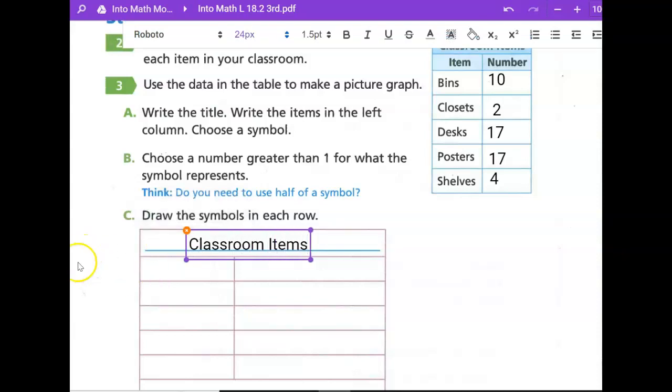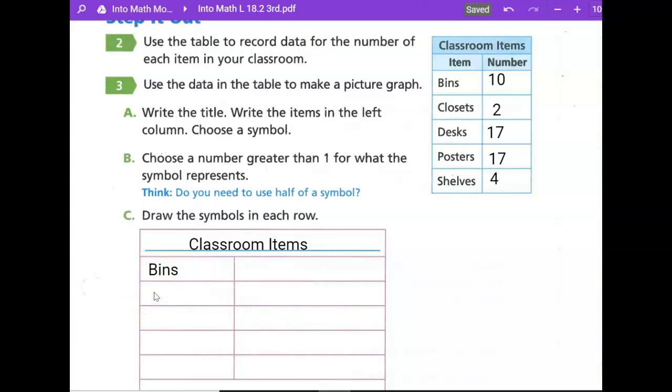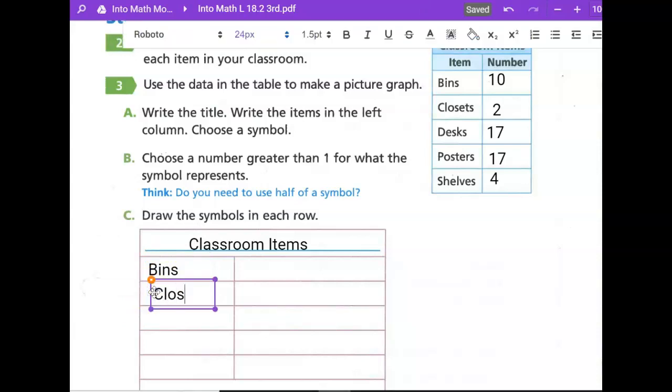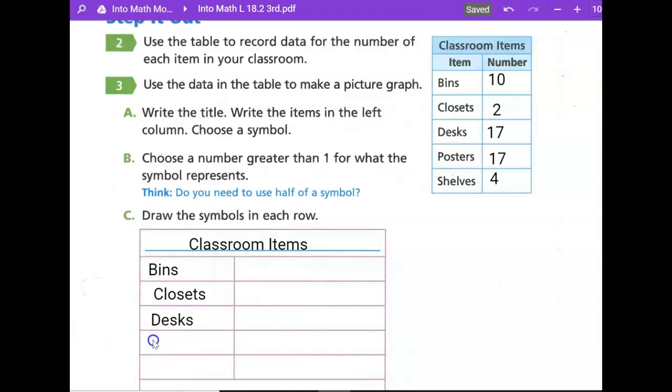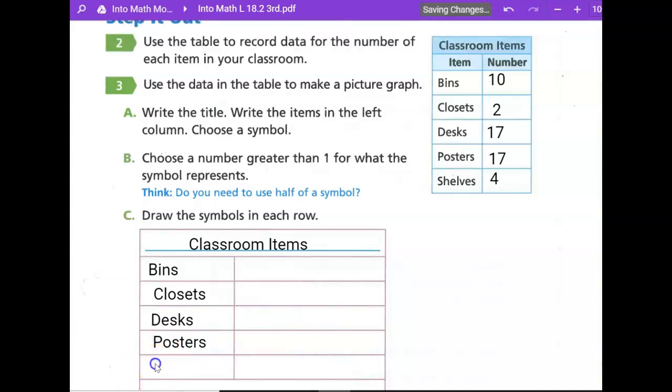And we capitalize each title. Then we're going to do bins. We're going to do closets. We're going to do desks. We're going to do posters. And we're going to do shelves.